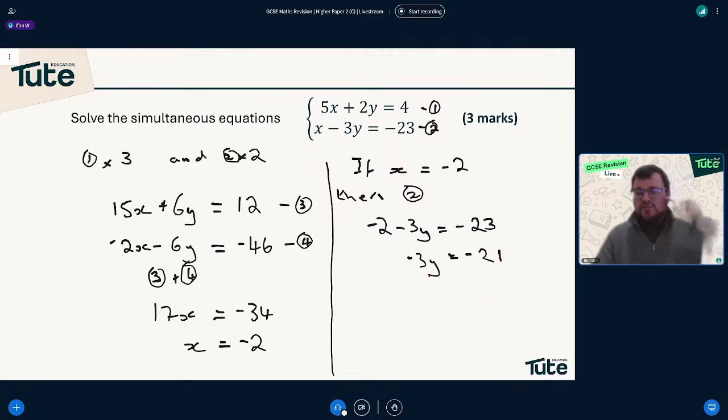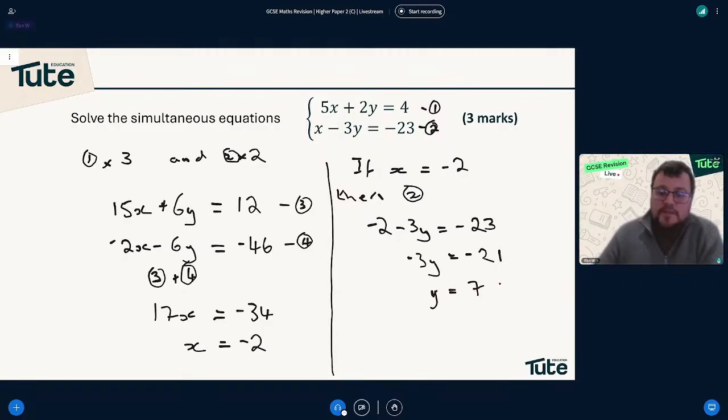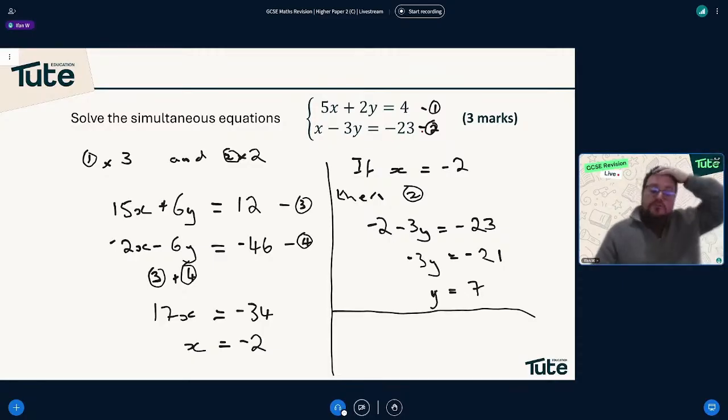Now you're thinking to yourself, oh, you've got a negative value here. Doesn't matter, because you're going to divide through. If you're dividing two negatives by each other, you're going to get a positive answer. Then you need to check. How do I check? Well, because I used equation 2 to find y, I'm going to use equation 1 to check.